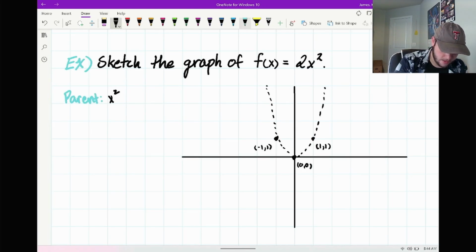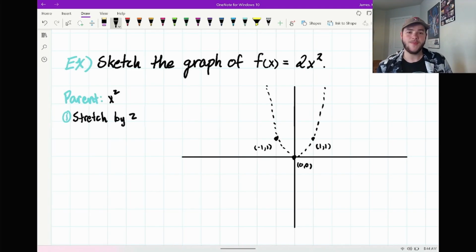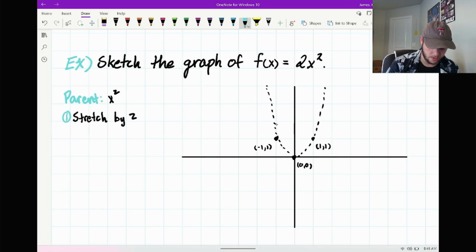Next, I have a stretch or a magnification by 2. So my output is getting doubled. Here, my output is 0. Nothing happens. Here, my output is 1, which gets doubled up to (negative 1, 2).